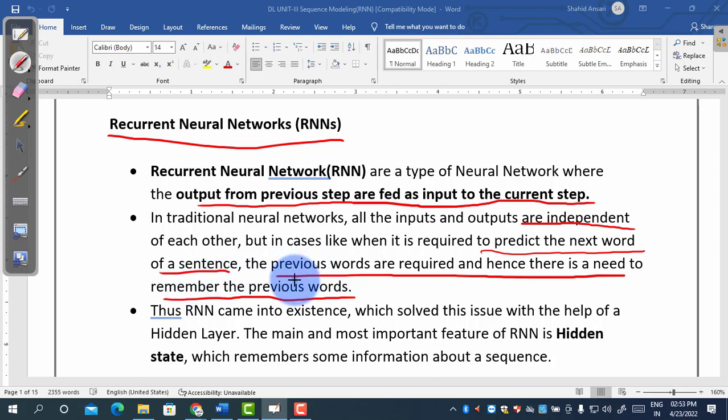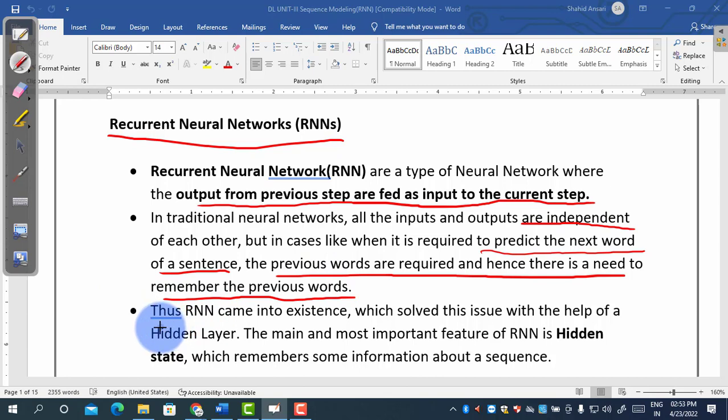But in this case, to predict the next word, the prediction depends on the output of the previous word. That means to predict the next word, the previous words are required, and hence there is a need to remember the previous words, so that we can predict the next output.